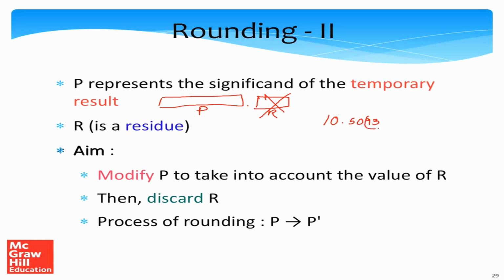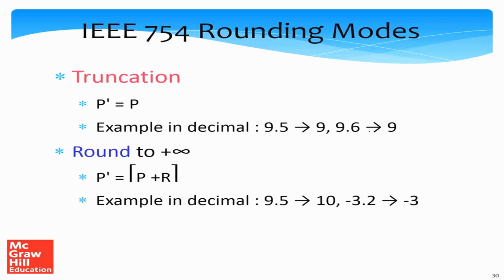So since these two are the residue, they can be discarded, but we should update the significand to make it more accurate, which will be 10.51. So that's exactly what we want to do. And so in this process, we have created a new significand, which is P dash, and P dash reflects the residue correctly, right? Because the residue cannot be stored, we don't have the space for it.